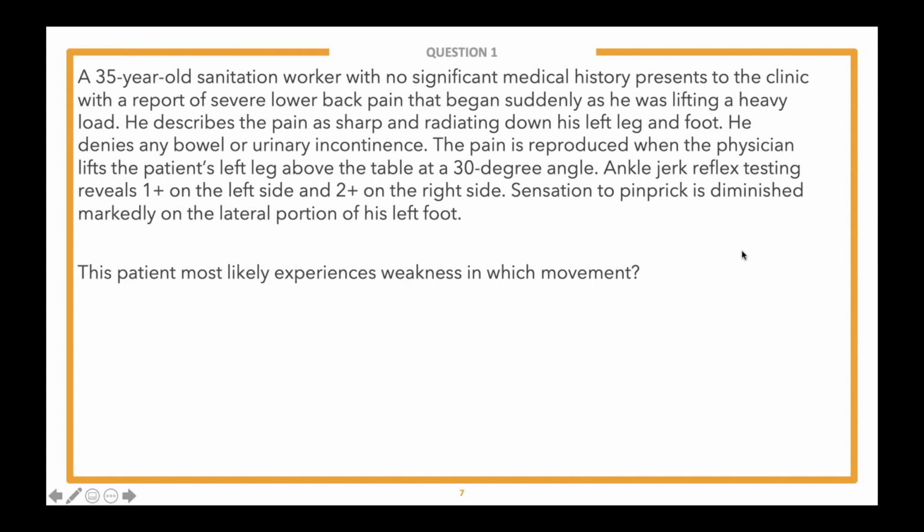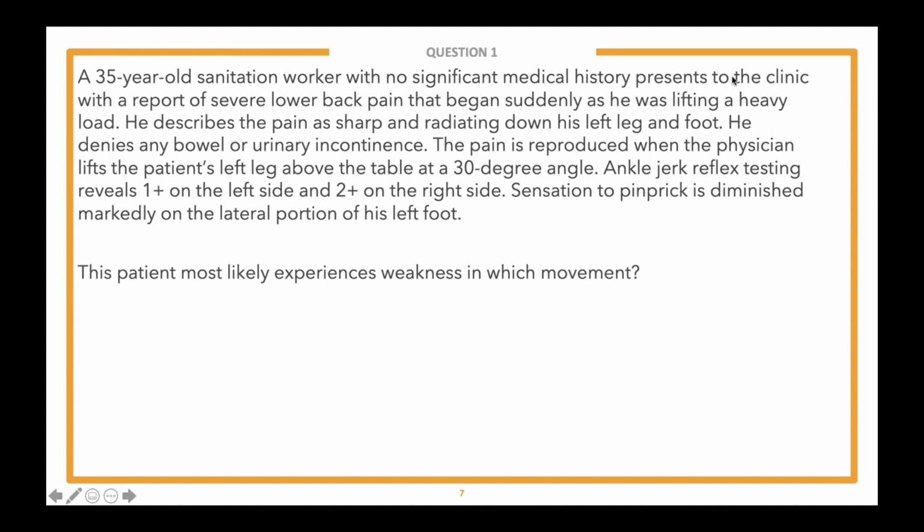The pain is reproduced when the physician lifts the patient's left leg above the table at a 30-degree angle. Ankle jerk reflex testing reveals 1+ on the left side and 2+ on the right side. Sensation to pinprick is diminished markedly on the lateral portion of his left foot. This patient most likely experiences weakness in which movement?